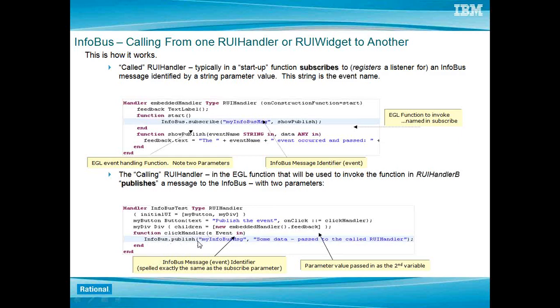Infobus.publish, in the parenthesis, we are giving the same event ID, the same ID that this subscriber is using. Against this event ID, our subscriber is waiting for the call.